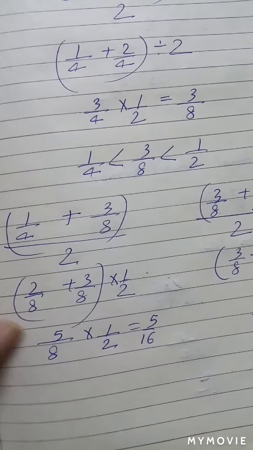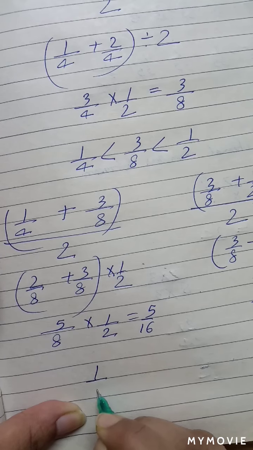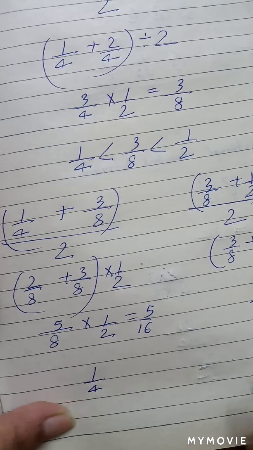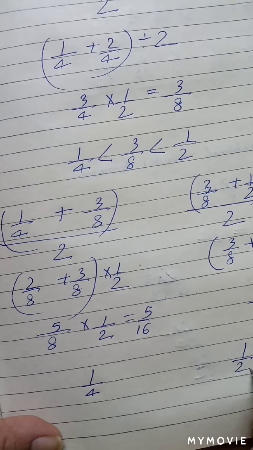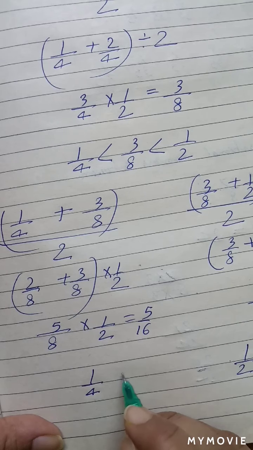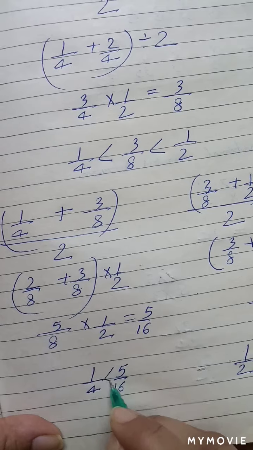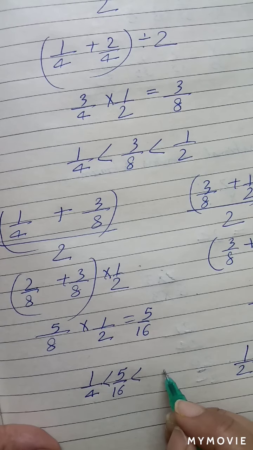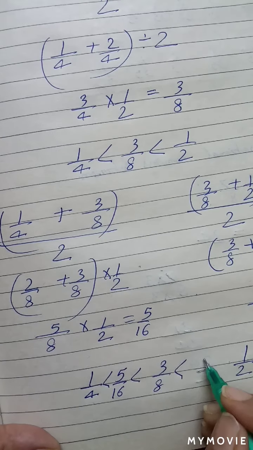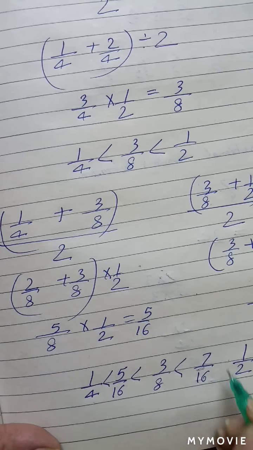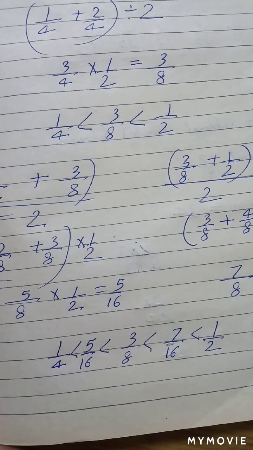So the original rational numbers we have are 1 by 4 and 1 by 2. In between, we have 5 by 16, we have 3 by 8, and we have 7 by 16. Is that clear to you all?